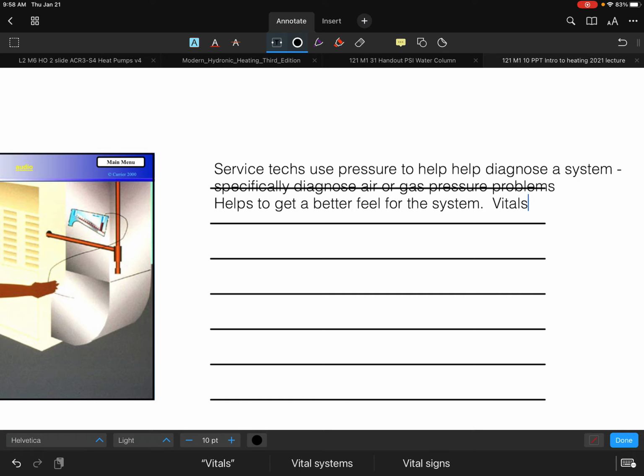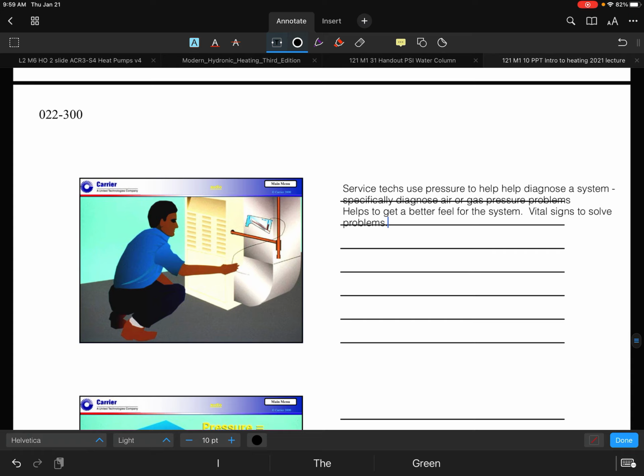To use a medical term, when you get your blood pressure checked, they're trying to get an idea of your vitals. That's kind of what we're doing. We're using the vital signs to solve problems. This is only one example. Whether we're checking return pressure, supply pressure, gas pressure, whatever it might be, it's a big part of what we do in our system.